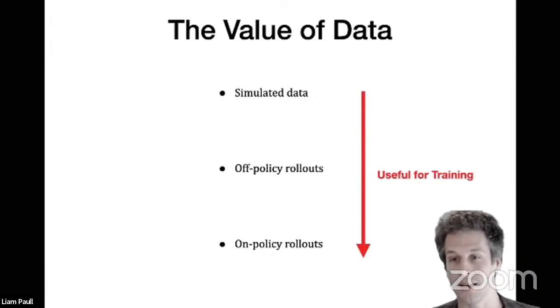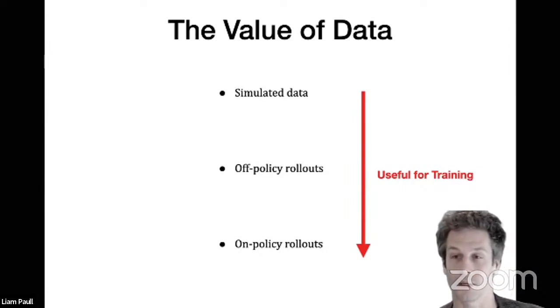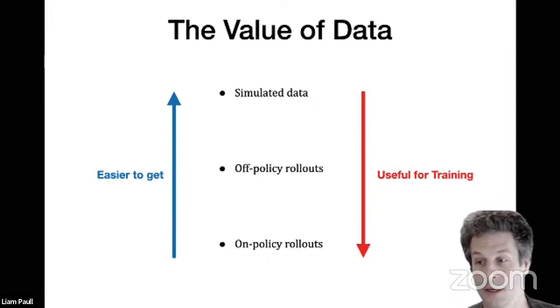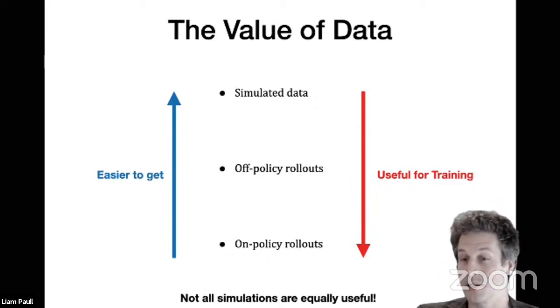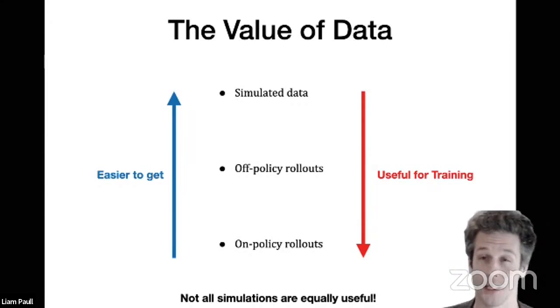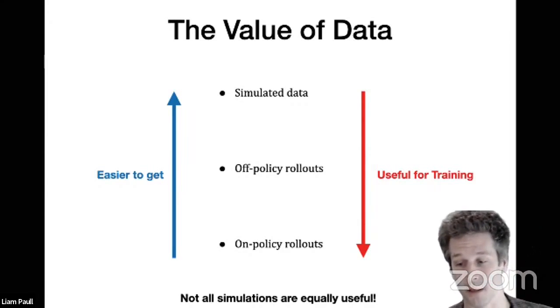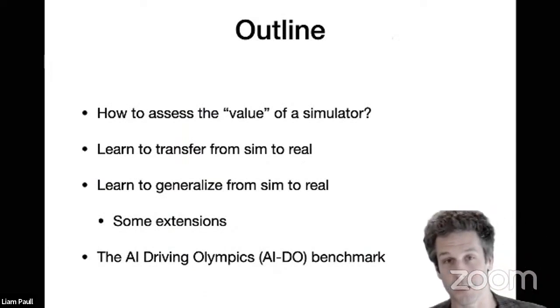So there's an inverse relationship between how useful each of these data sources is for training and how easy it is to get. And I'll make one other note: not all simulations are equally useful. A very low fidelity simulator might be really easy to get data from, but might not be particularly useful.